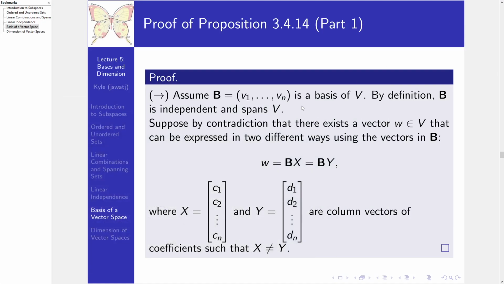And then the proof for this: we assume that B is a basis of V, then it's independent and spans V, the two components that make it a basis. Then we suppose by contradiction that there is some W in V that can be expressed in two different ways, so it's not unique.